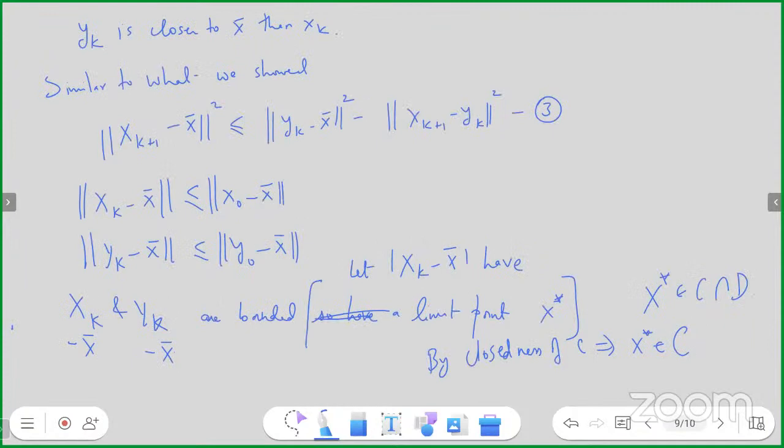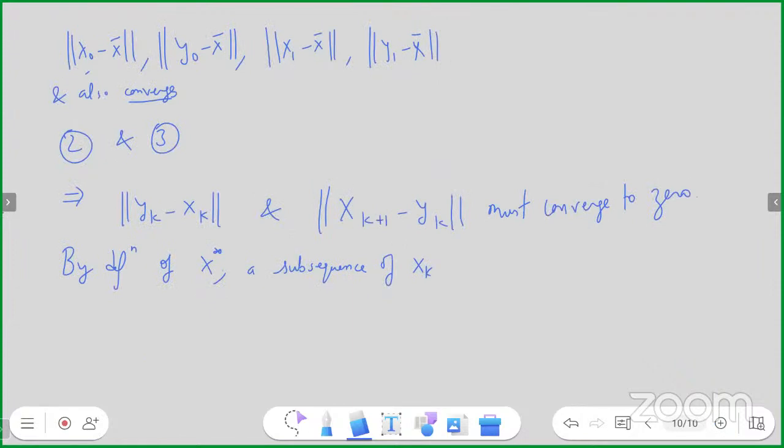So let us say, okay, let xk have a limit point of X. The sequence xk itself has a limit point X star. Everything else is fine. By definition of X star, a subsequence of xk converges to X star, that's just by definition of a limit point.